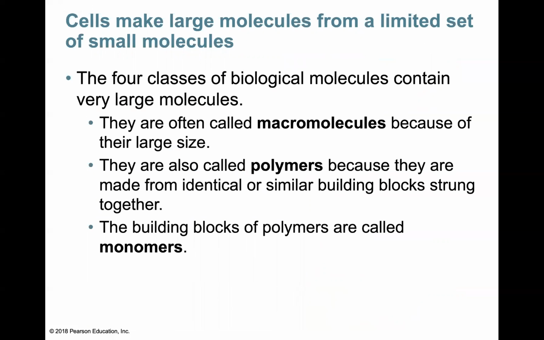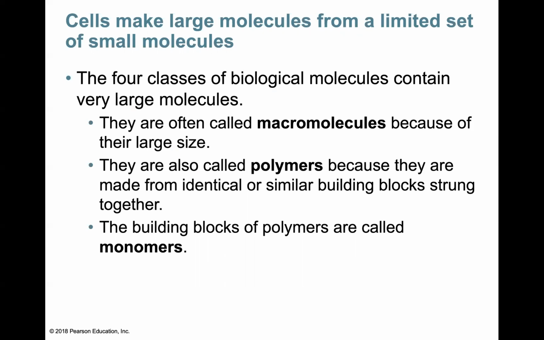Cells make these large molecules that we refer to as macromolecules from smaller molecules or monomers. Today we're going to focus on 4 classes of biological molecules that contain these very large molecules. These are called macromolecules, or sometimes they're referred to as biological molecules, but the term macromolecules refers to the fact that they are very large in size.